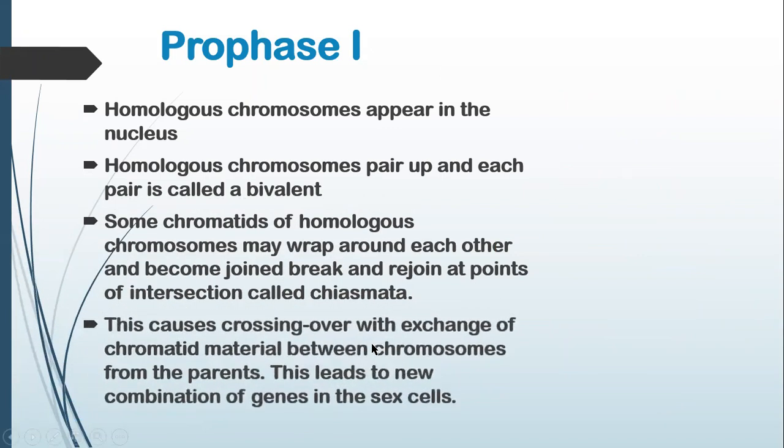This causes crossing over, which involves exchange of chromatid material between chromosomes from the parents. This leads to new combinations of genes in sex cells, and I've already explained that.